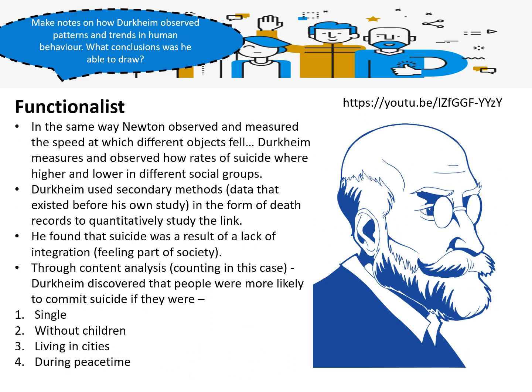An example of a positivist is Emile Durkheim. Now, we know Durkheim from our study of functionalism, and there's a little clip here if you wanted to look in a little bit more detail.